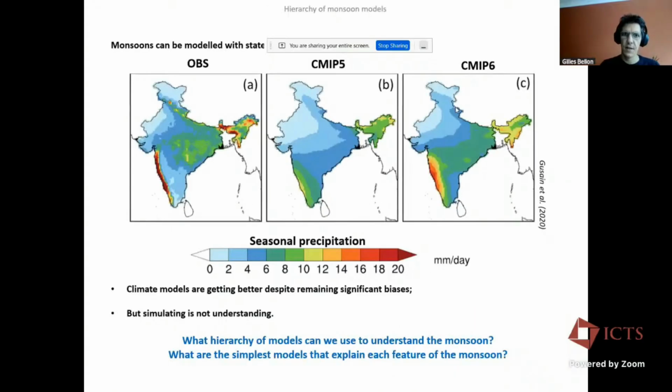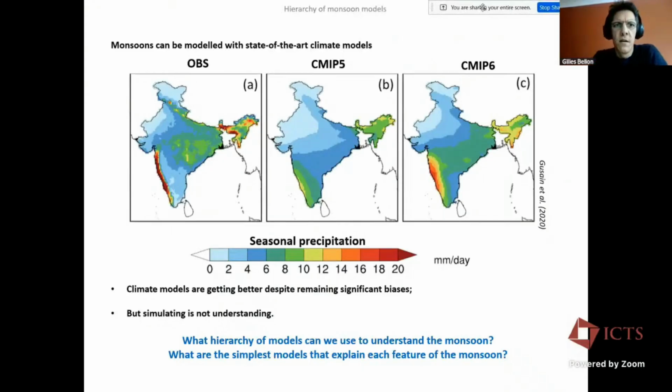The idea is that we do have models that simulate the monsoon pretty well, and those are state-of-the-art climate models. I show here the annual mean for CMIP5 models and CMIP6 models compared to the observations.